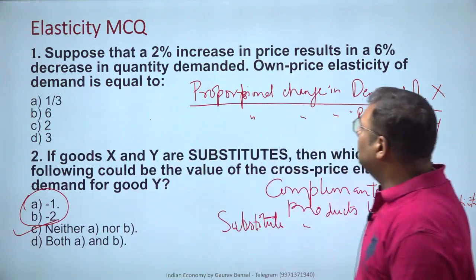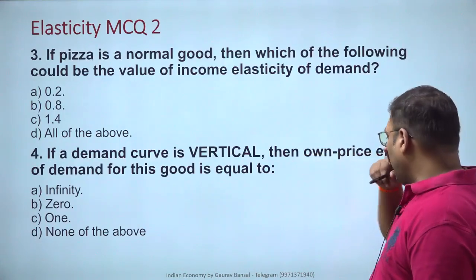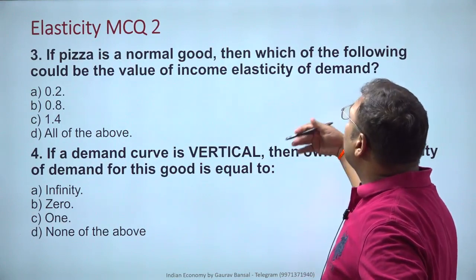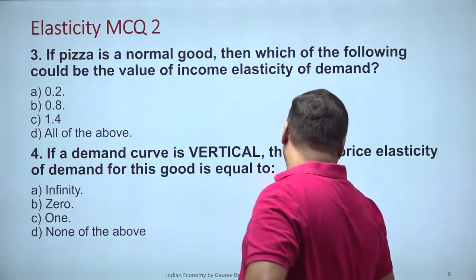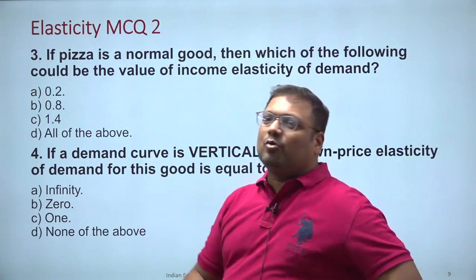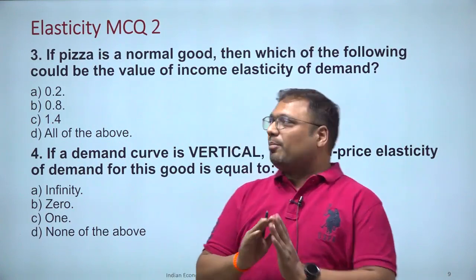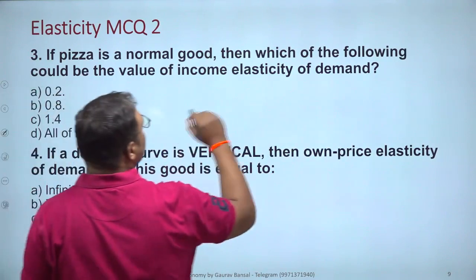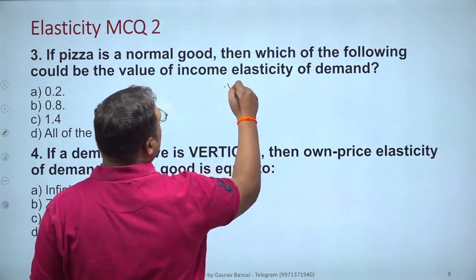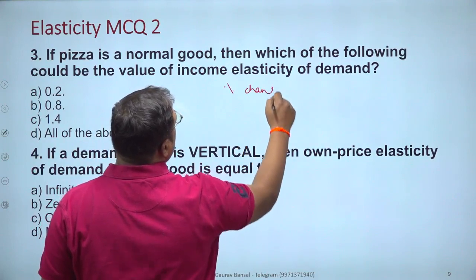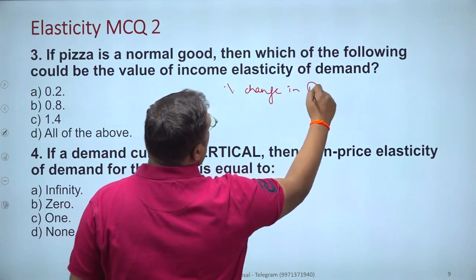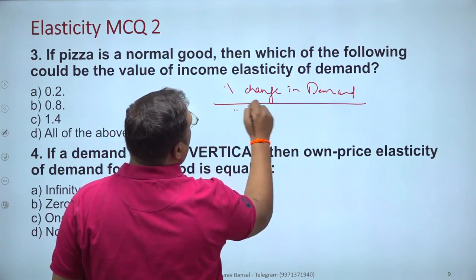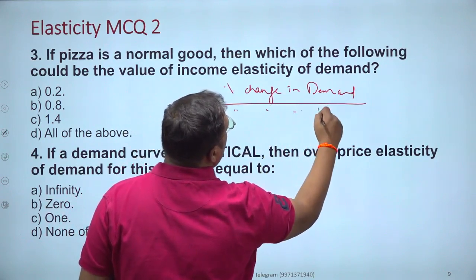There are a lot of questions for practice here. If pizza is a normal good, then which of the following could be the value of income elasticity of demand? Income and demand also have a positive relationship. Percentage change in demand divided by percentage change in income.